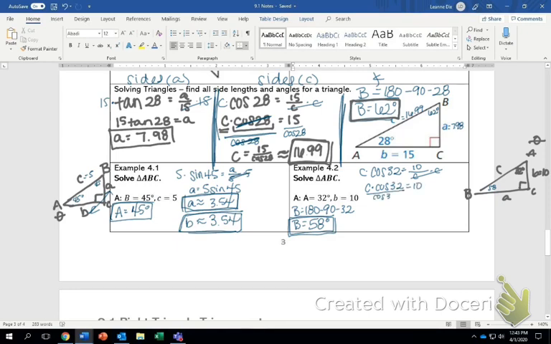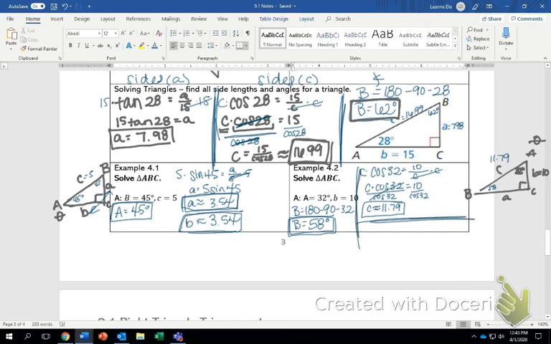Divide by cosine of 32 on both sides. We get C is approximately, if we type that in the calculator, 11.79. 79, not 97.